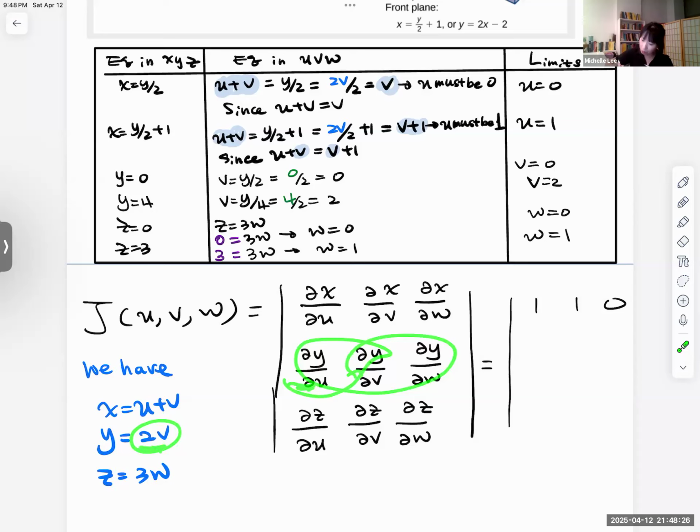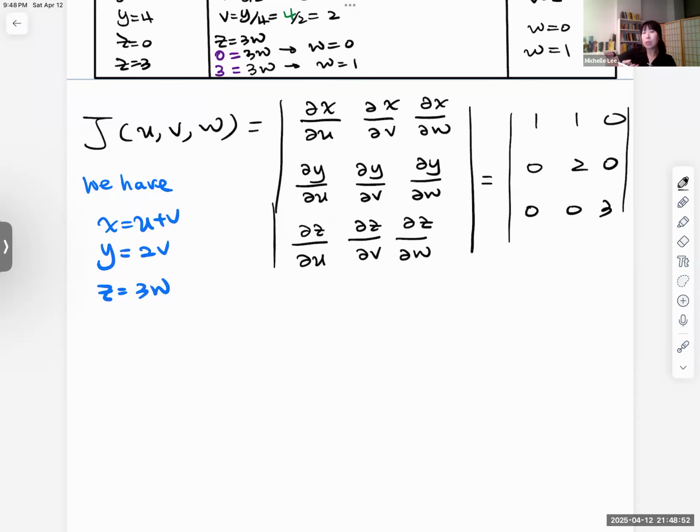Partial derivative with respect to u, 0, v, 2, w, 0. Yeah? So we have 0, 2, 0. Okay. We're looking at the z equation. Partial derivative with respect to u, 0, v, 0, w, 3. Yeah? So we have 0, 0, 3.